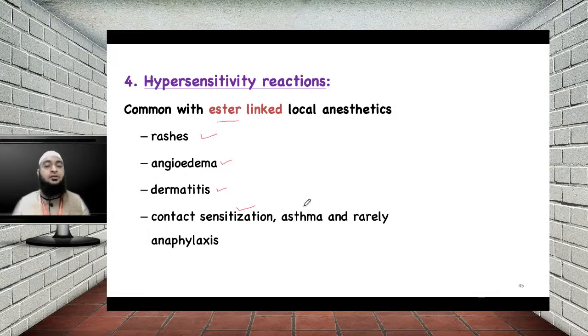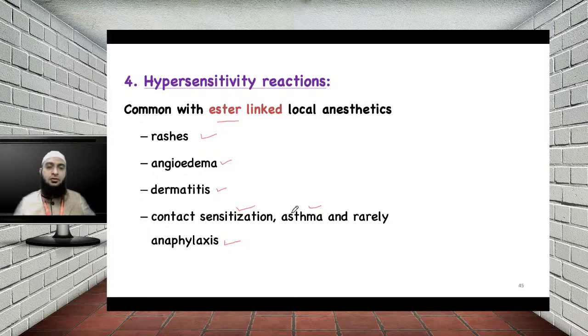Likewise, sometimes if it goes intravenously into the systemic circulation, then the patient may also show a reaction related to the bronchi. He may suffer from asthma, and rarely the patient also shows the symptom of anaphylaxis. So anaphylaxis is an allergic reaction.